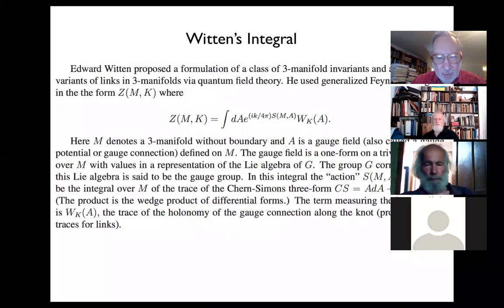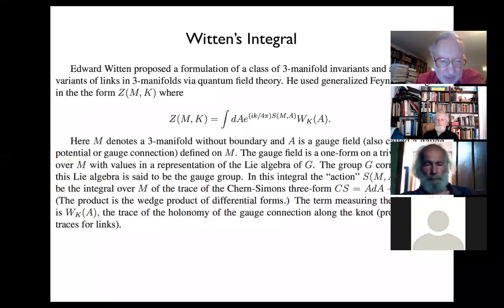So now I want to talk about Witten's integral. This is the kind of integral that Witten considered, which is not integrating over paths, it's integrating over all fields. This is the quantum field theory generalization of a Feynman integral. And that term up there, e to the ik over 4 pi S of A, that's the Lagrangian.